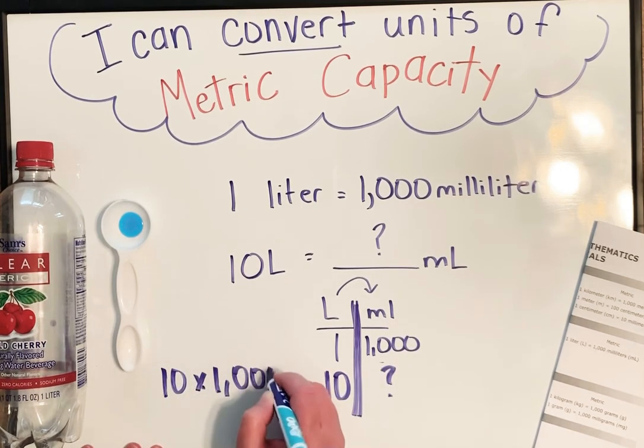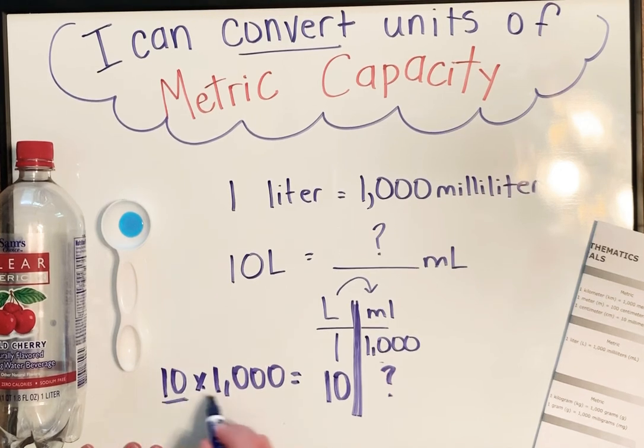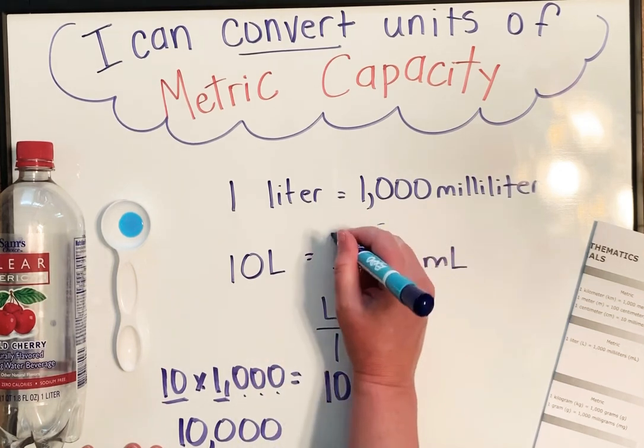What would that look like? I can use my property of identity. I can multiply 10 times 1, and that gets us 10. And then I can add my 3 more zeros for a total of 10,000. So 10 liters would equal 10,000 milliliters.